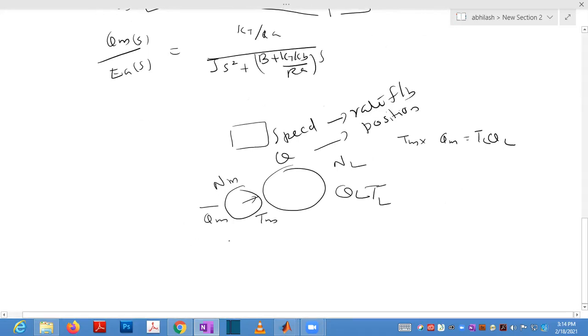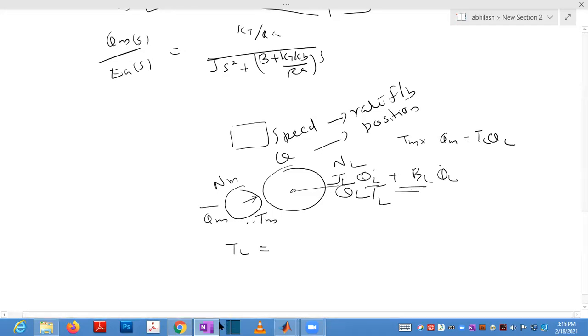Now this torque TL is on the load side, so it is connected to a rotating load: JL theta L double dot plus BL into theta L dot. Whatever Tm is developed, multiplied by this will convert here.